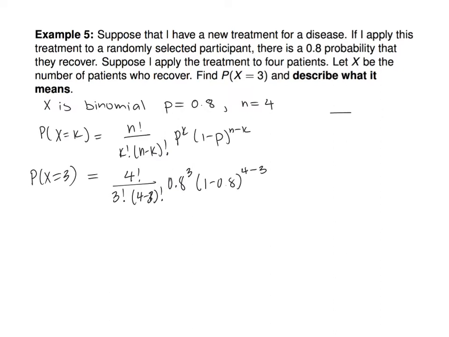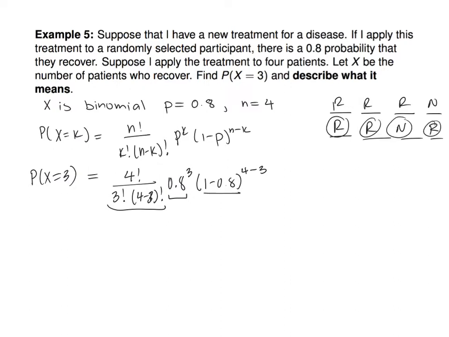What you can think is you've got 4 patients, and you could have recover, recover, recover, no. And you could have had recover, recover, no, recover. This number out in front is calculating the number of ways you can arrange those r's and n's. And this 0.8 to the third is taking account for 1, 2, 3 recovers. And this, which is 0.2, is the one not recover.